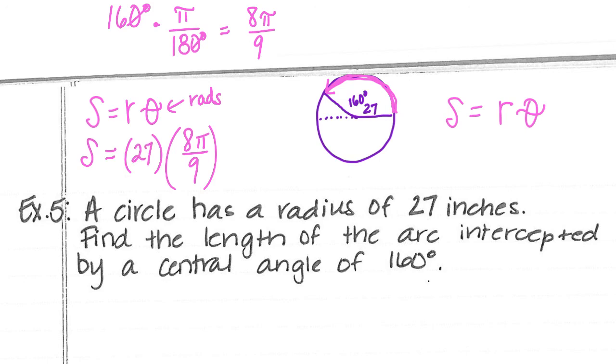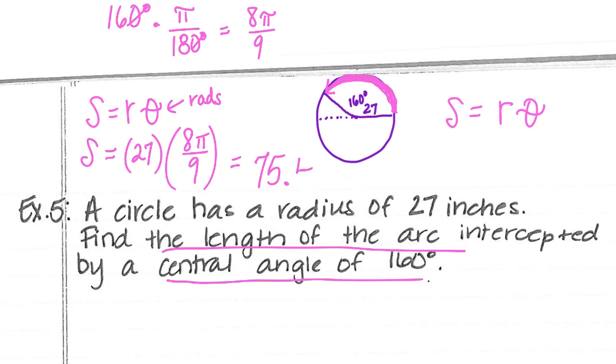So I'm plugging that, even the pi, into my calculator, and it's asking us for the length of the arc. So this is what we're looking for in pink. And when I put it all in my calculator with a radius of 27, I get 75.39, we'll just round up to 75.4, and this is going to be in inches.